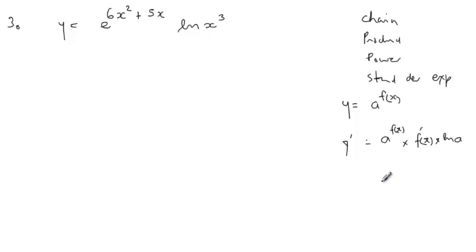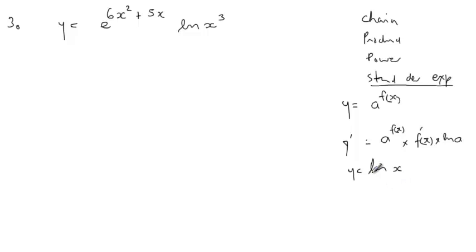If the base is the natural exponent e, then ln of the base is 1, so we don't see that. So we need to know the standard exponential differentiation.